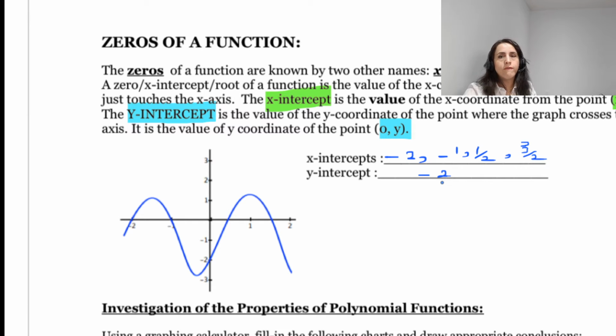Some functions do not have a y-intercept, like y equals log of x. You learned that, I believe, last year in Functions, grade 11. But if they do have a y-intercept value, it's going to be just one value. We cannot have two y-intercepts in a function.